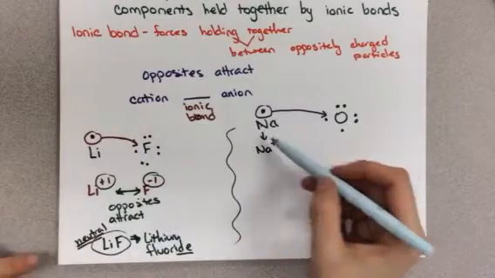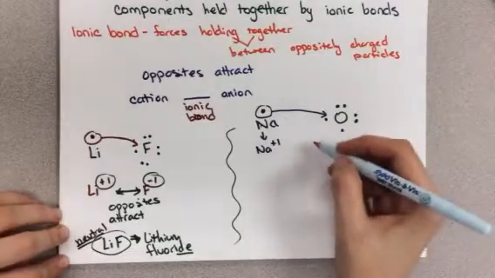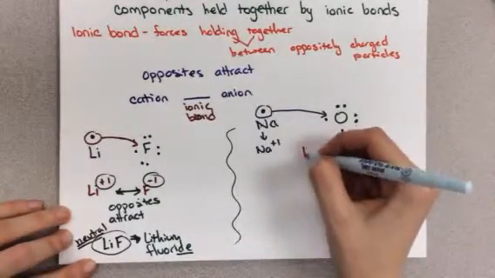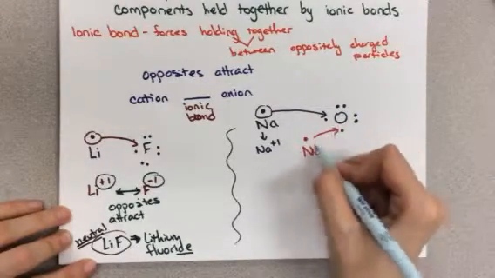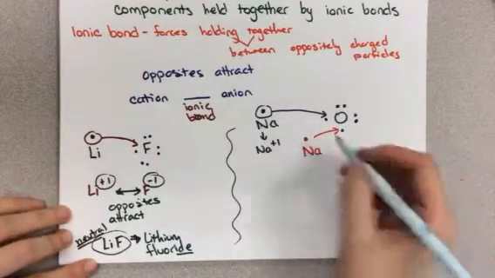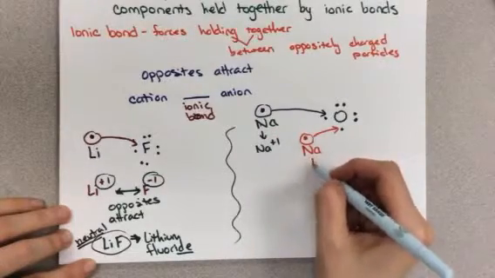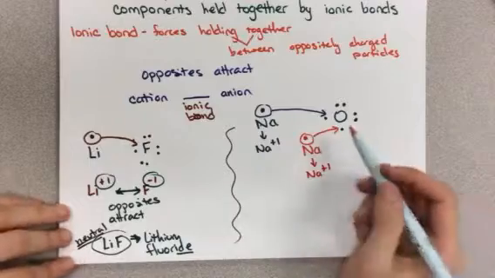So if this oxygen is in solution with sodium, keep in mind that there's many, many different atoms of each of these. So it's going to pull an electron off of another sodium. So now you have these 2 sodium ions, because this sodium now becomes a cation as well.